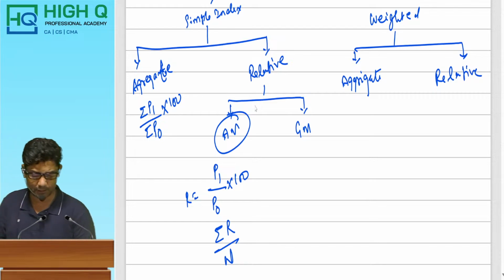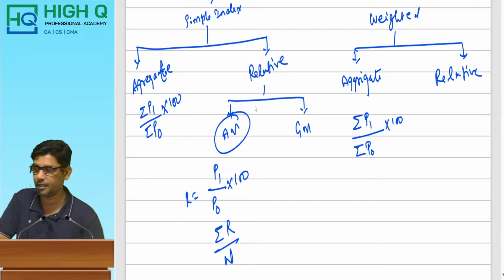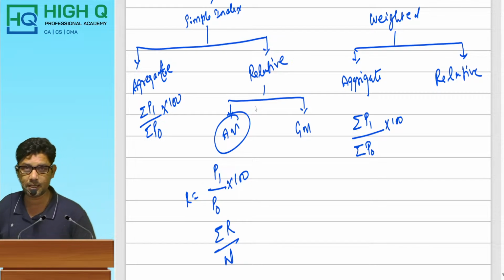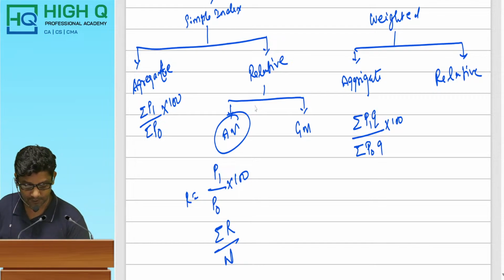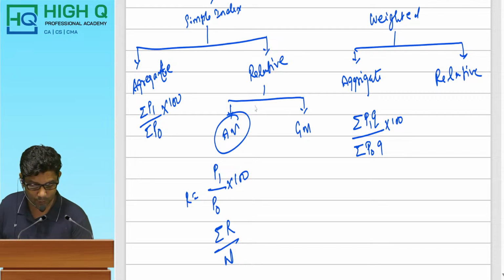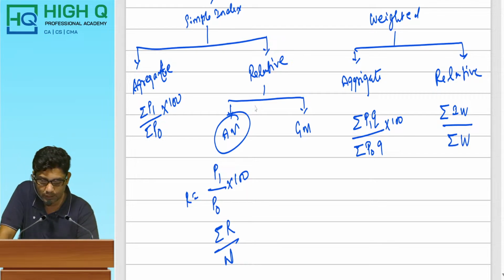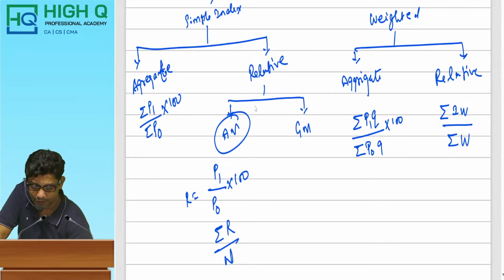The original formula is summation P1 divided by summation P0 into 100. This is the simple aggregate method. But when I multiply price with quantity, this is called weighted. Then the relative is nothing but summation IW divided by summation W.